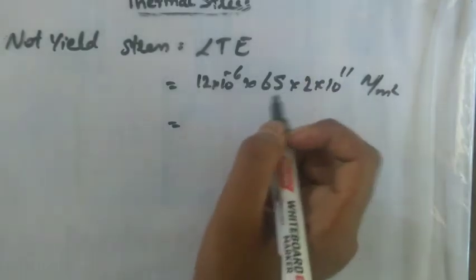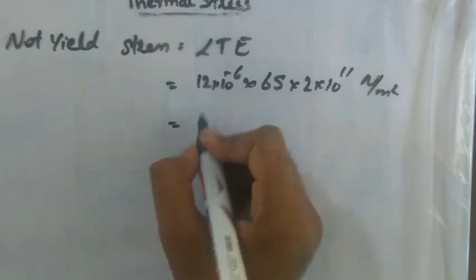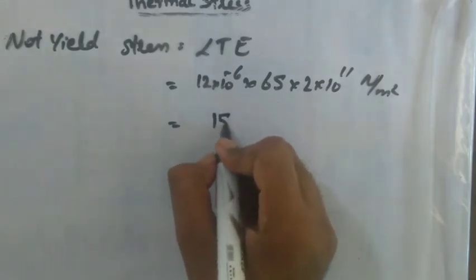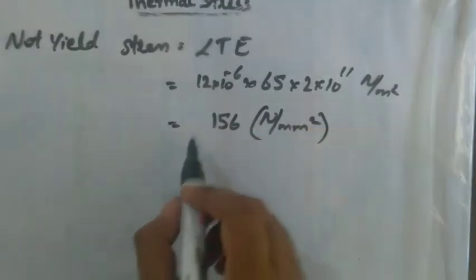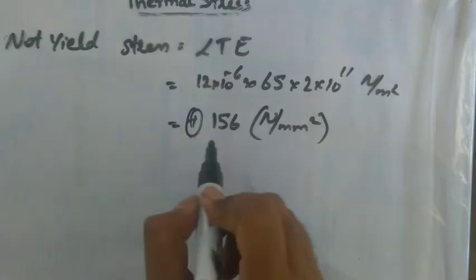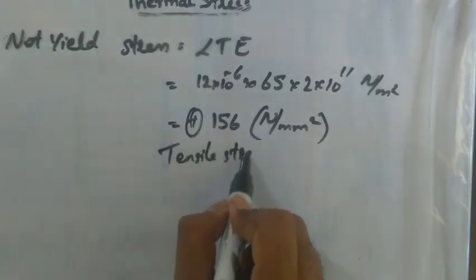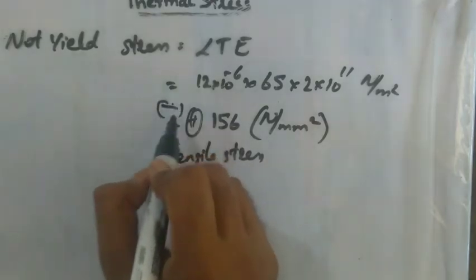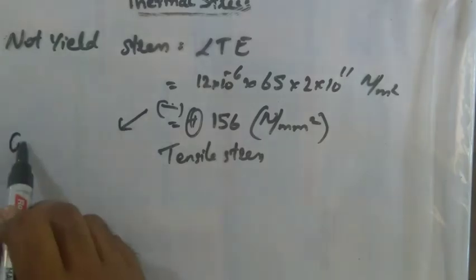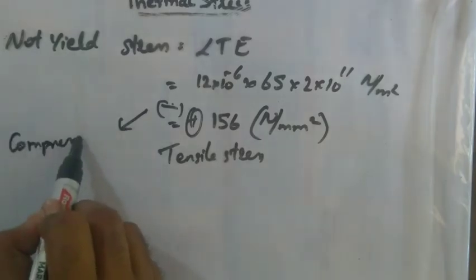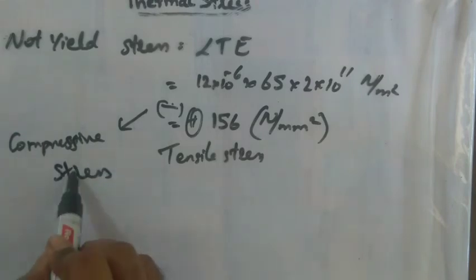We get the value of 156 Newton per mm square. We got this value as positive, so this is considered tensile stress. If we got the answer as minus 156, then we would take it as compressive stress.